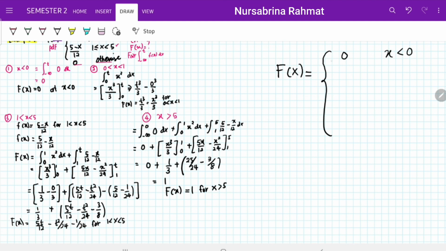Secondly, it equals x cubed over 3 for the class interval 0 < x < 1. Thirdly, it is 5x/12 minus x squared over 24 minus 1/24 for the class interval 1 < x < 5, and lastly equal to 1 when x is greater than 5.